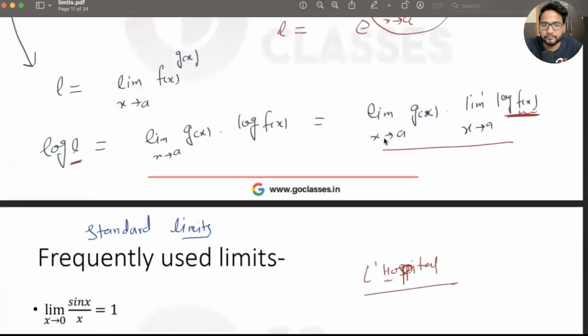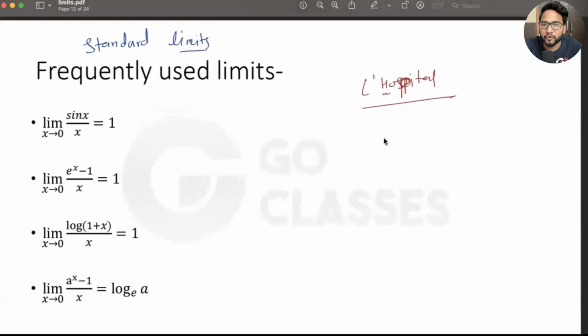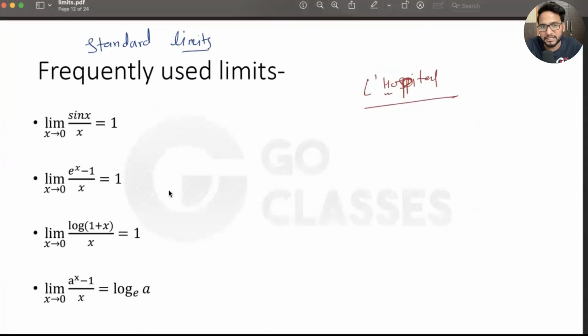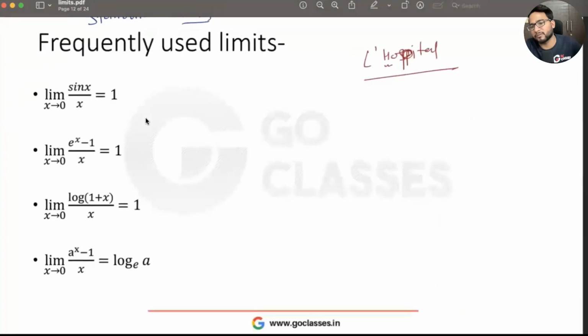Okay, cool. So these are the few frequently used limits. It is best if you remember these limits. At least sin x upon x, limit x tends to 0, equal to 1. I have not provided an exhaustive list. There are many formulas, but I have just provided whatever is required for GATE. For the GATE, you might not need tan x, cot x, cosec, or these kinds of things.